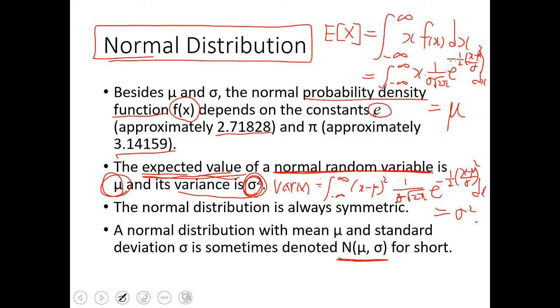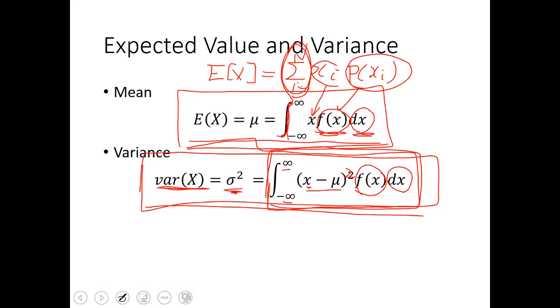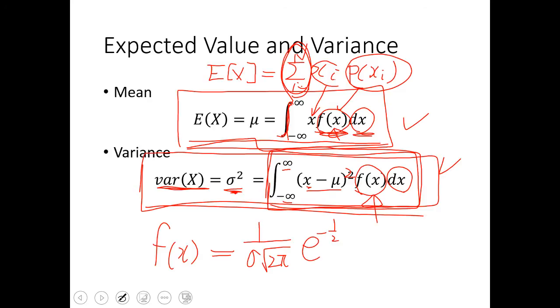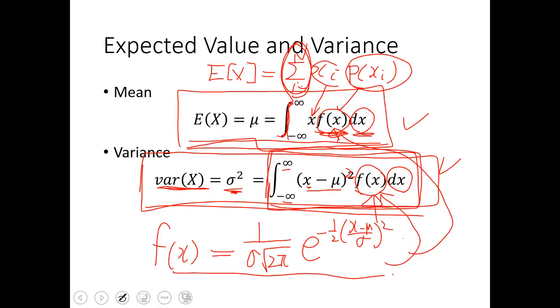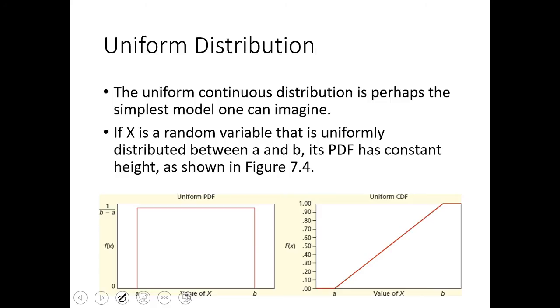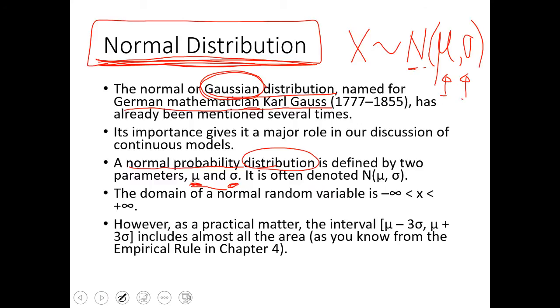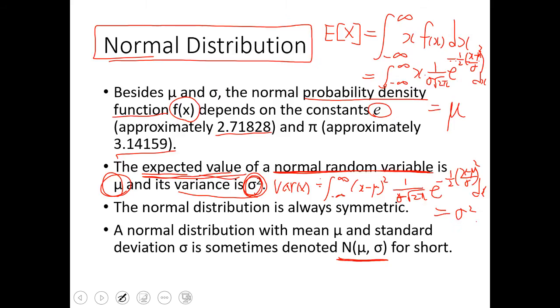So if we apply the PDF of the Gaussian distribution into the equations for mean and variance, then the mean of x becomes mu and the variance of x becomes sigma squared. So the mean mu and standard deviation sigma are sometimes denoted this way for the normal distribution.